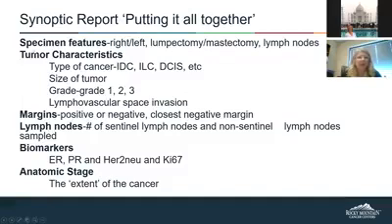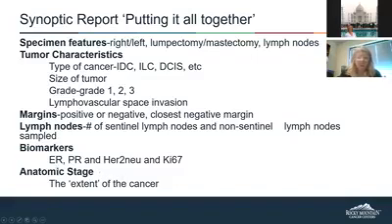So again, specimen features: are we talking right or left? Is it lumpectomy or mastectomy? The lymph nodes. Again, the tumor characteristics, the type of cancer, the size, the grade, the lymphovascular space invasion, margins, lymph nodes, and then the markers are put in that report as well.